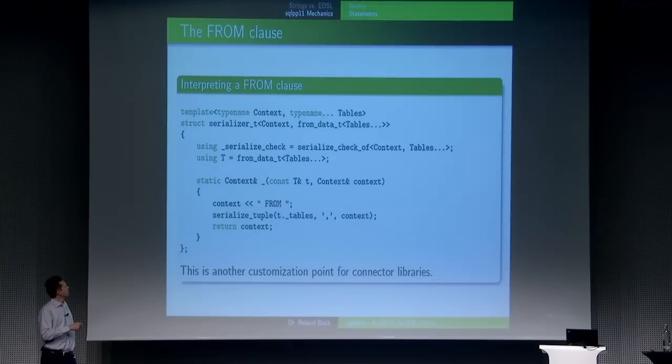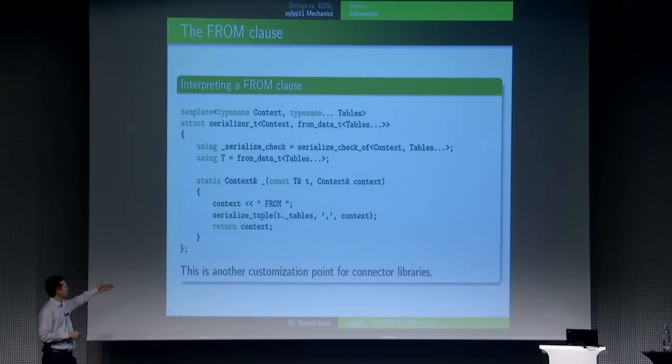They are a specialization of some serializer template that takes a context that is something that is database specific, and then specialize, for instance, on the from data. And this static underscore method here is the important part that gets called in the course of serialization. And it just streams from into the context and then serializes the tuple with a comma separator. And that's it.